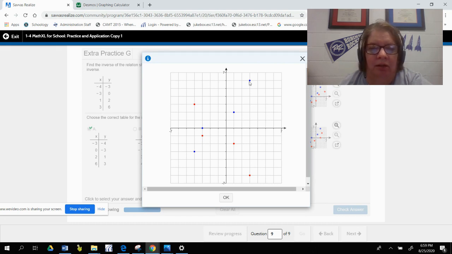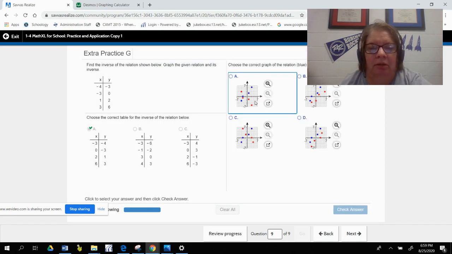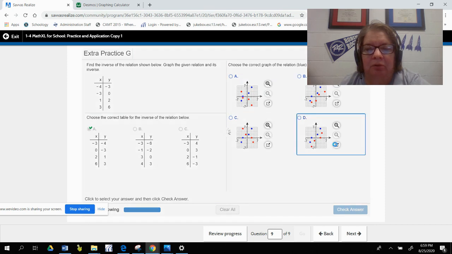And then the red should be -3, -4. Nope. Okay, so the blue ones were right. Looks like the blue ones are the same on all of them.